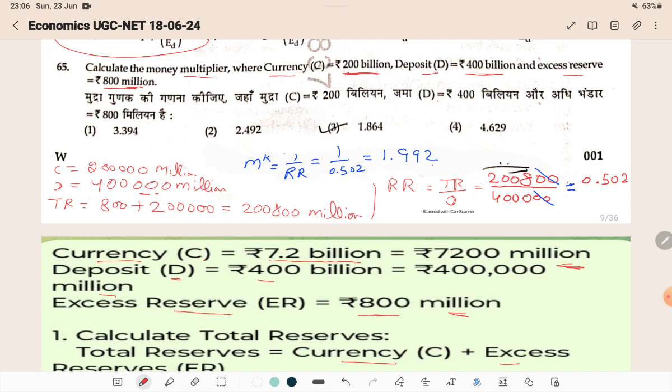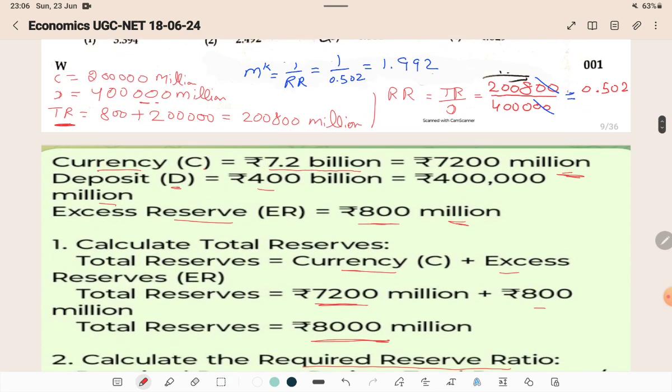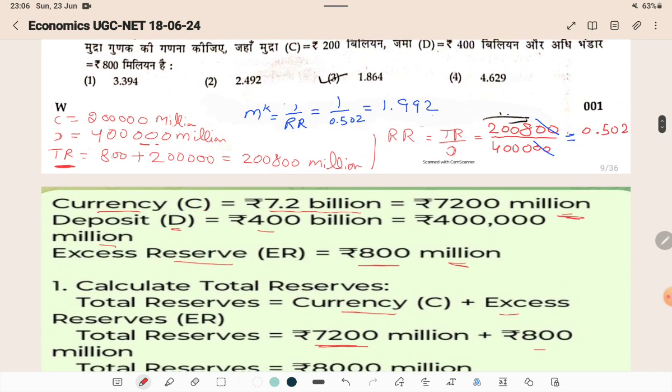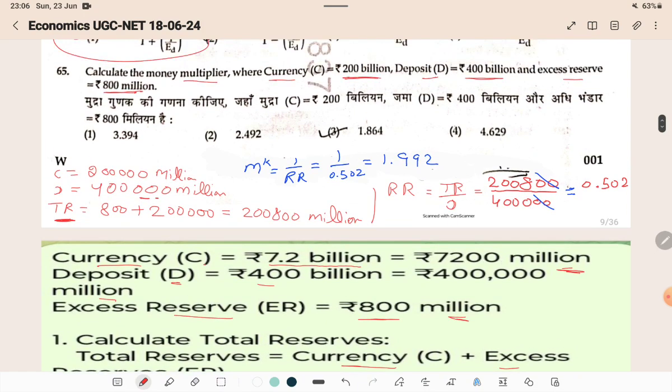And I calculated the total reserve by adding the excess reserve to the currency, 800 plus 2 lakh, in million.